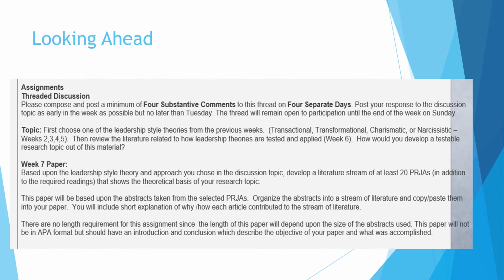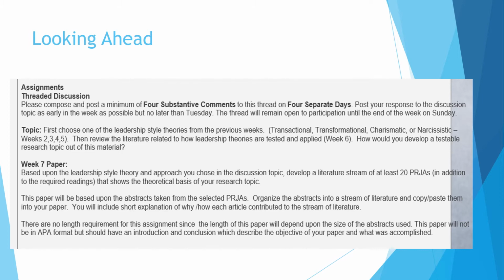And that leads us into the week 7 paper, which is going to be based upon the leadership styles again. I would like you to choose one that interests you and that you'd like to follow up on. Here, rather than actually writing a paper, you're going to develop a literature stream.